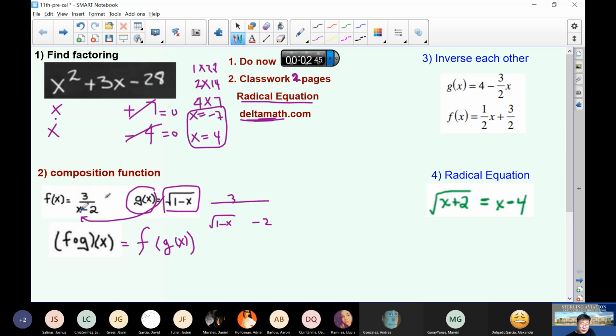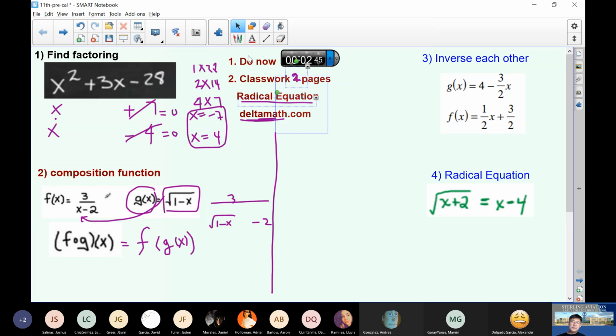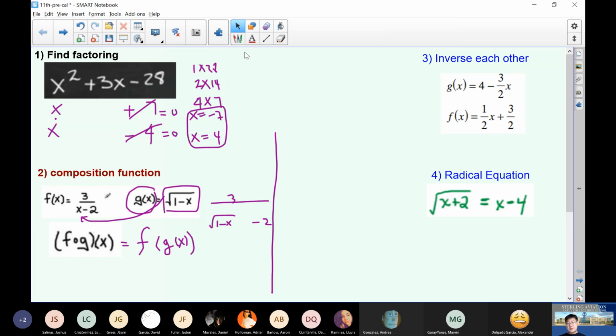The g function moving into the f function, okay? Write it down, guys, write it down. Now, this one, I'm going to do this. Okay, guys.